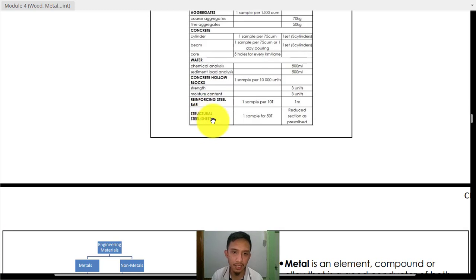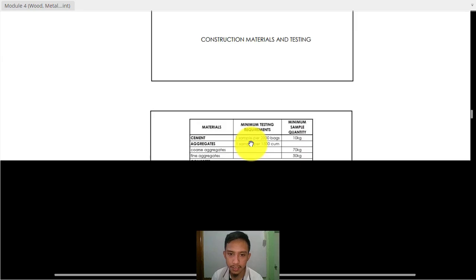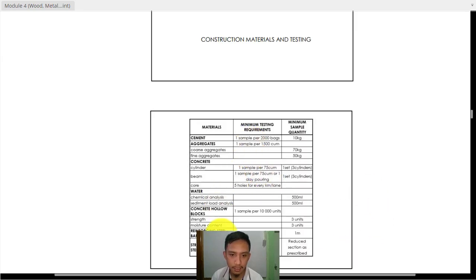And if you say structural steel or sheet, these are the other types of structural steel, maybe columns or beams, which could be in different shapes, like I shape, or tubes. 1 sample for structural steel is per 50 tons. So those are the minimum testing requirements. I just included that in this discussion since I did not discuss it on the concrete.